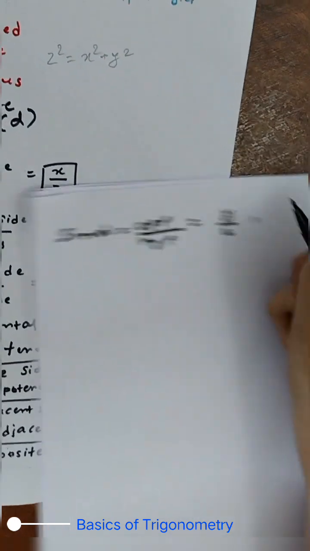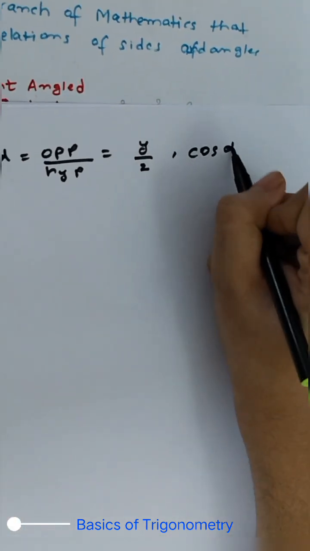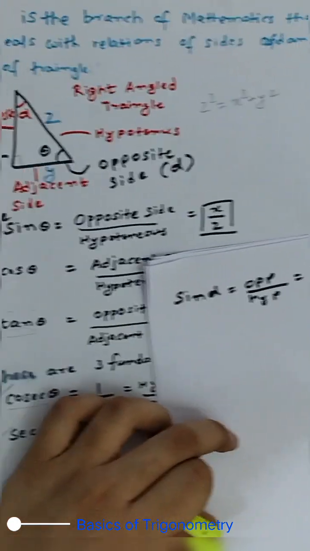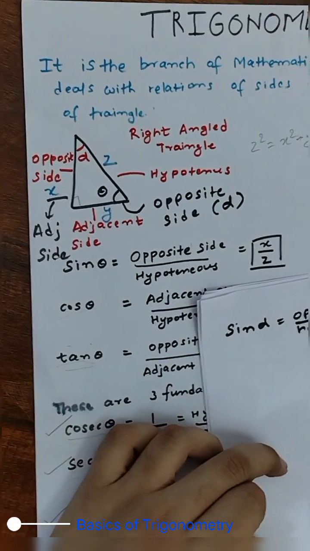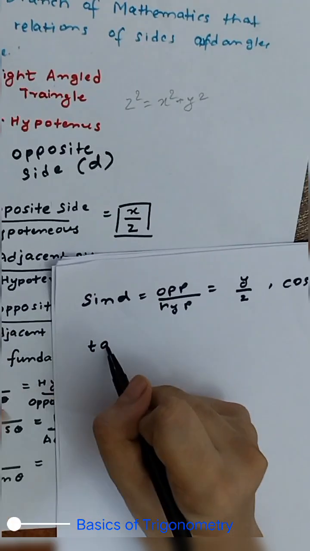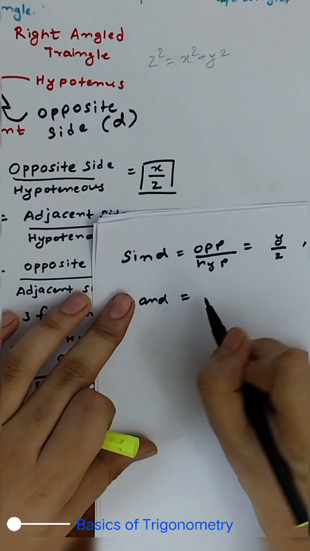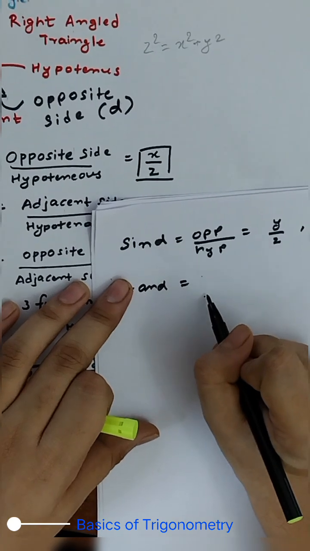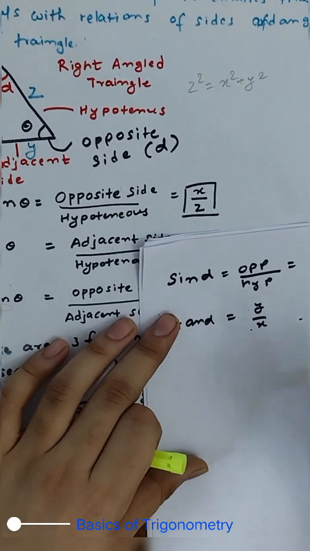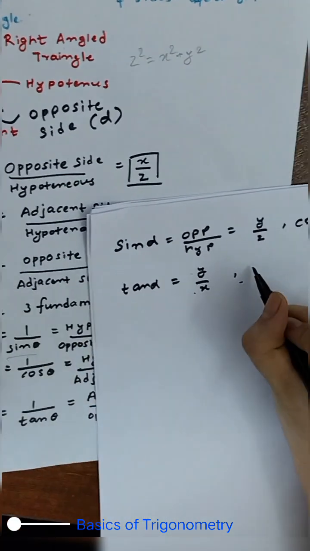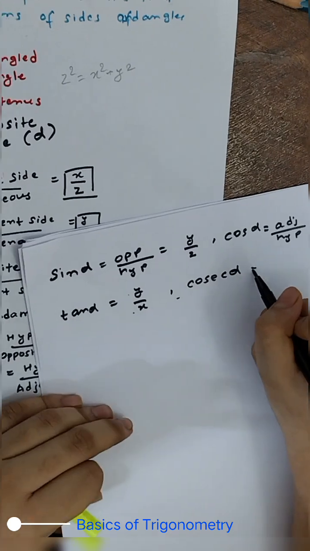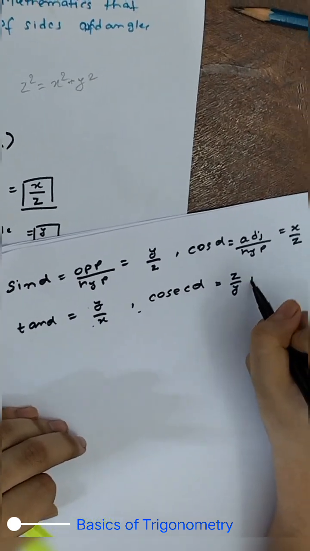Similarly, cos alpha will be adjacent side upon hypotenuse, which will be equal to x by z, and tan alpha will be equal to opposite side upon adjacent side, which will be equal to y upon x, and cosec of alpha will be 1 by sin alpha, which will equal z by y.